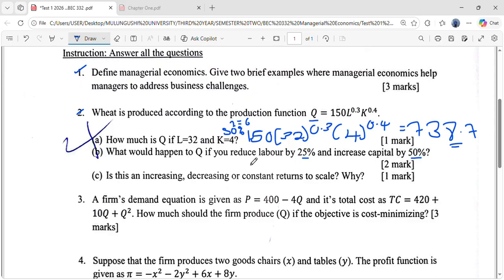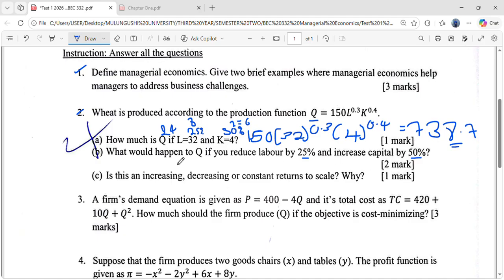Then what will happen if labor is reduced by 25%? So what is 25% of 32? You can just multiply 32 by 25%. You will get the value to be 8. And 32 minus 8, you get the value to be 24. So the new value you are going to use in this particular case is 24, maintaining the same solution.